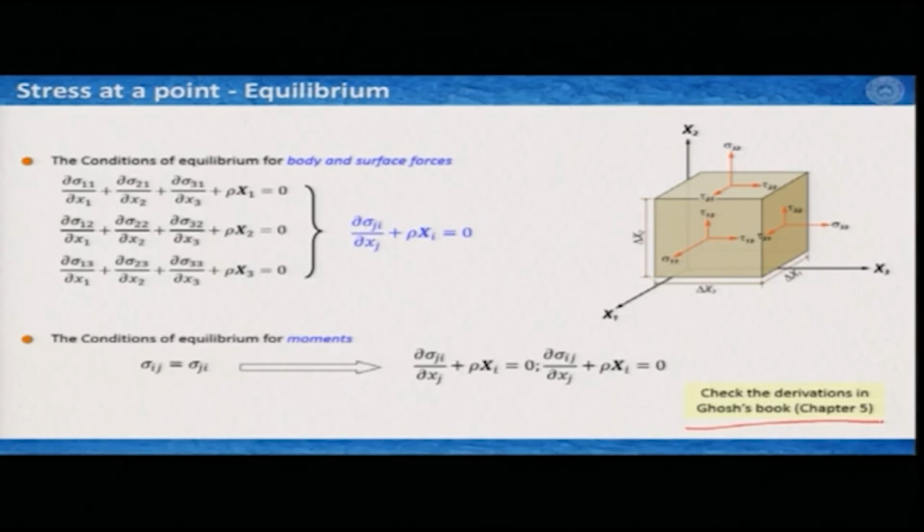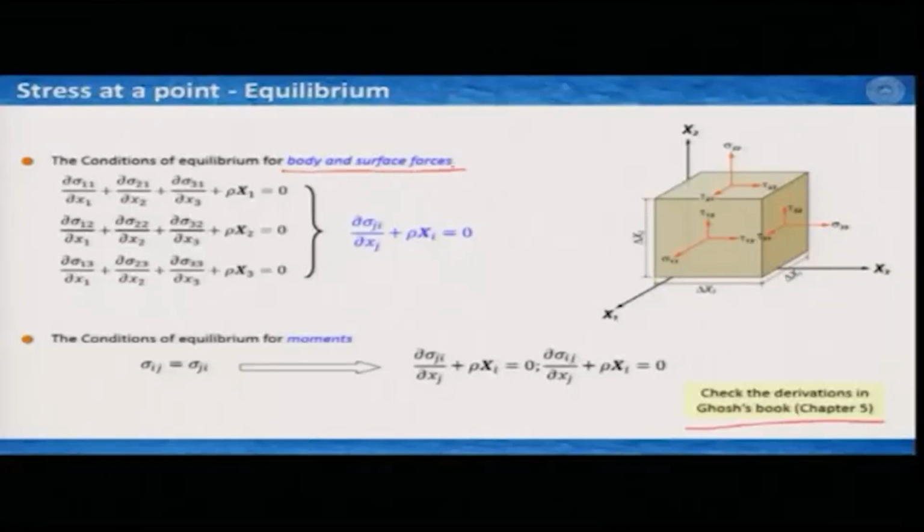But the concept of stress equilibrium is that this cube would stay in a static mode. That means it does not translate along the x1, x2 or x3 direction, or rotate.